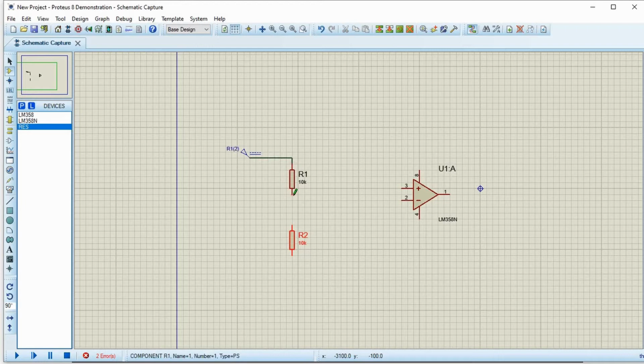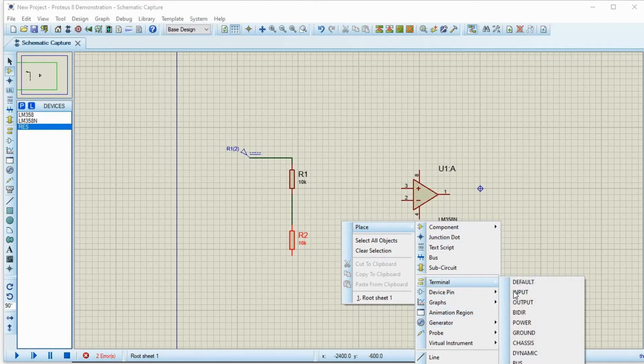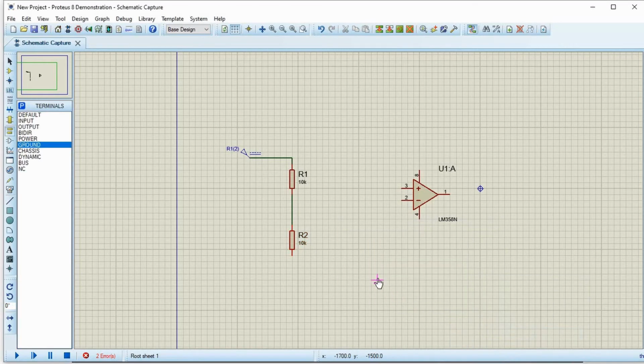From our resistor chapter, we have seen how it can be used as a voltage divider. Let me place ground. Basically, if R1 and R2 are both the same, the voltage will be divided by 2. So let me give this to pin 3, the positive terminal.